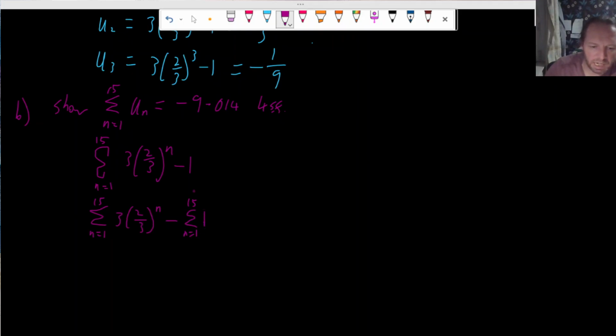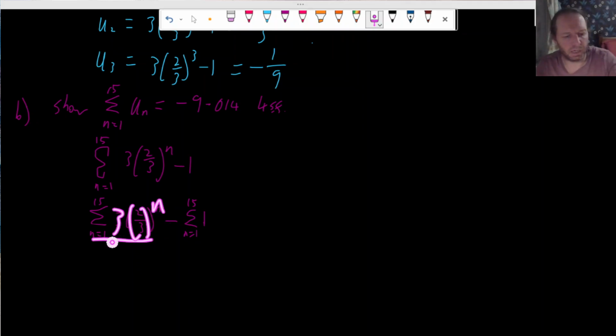That whole bit will be 1 plus 1 plus 1, 15 times, so that just becomes minus 15. This other bit has a constant to the power n and multiplying by the 3, which could step out. Okay, which is the sum of a geometric series.